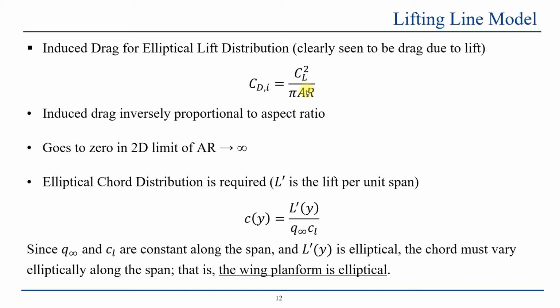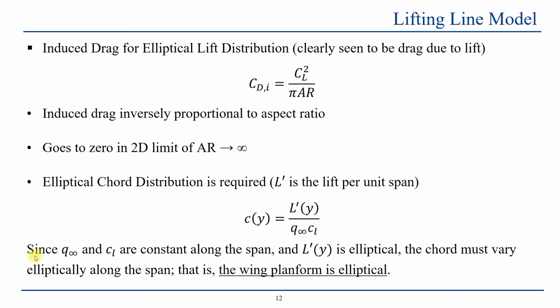Now for the elliptical chord distribution, if we want an elliptical wing, having c, or the chord, as a function of location on the span, it will be required to be L prime, where L prime is the lift per unit of span, over q infinity, which is half rho V squared, or dynamic pressure, multiplied by CL, which is the airfoil lift coefficient.